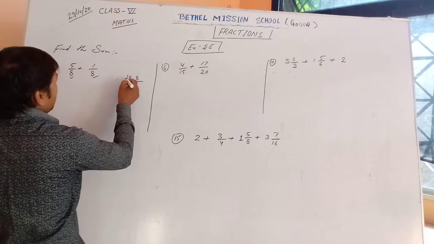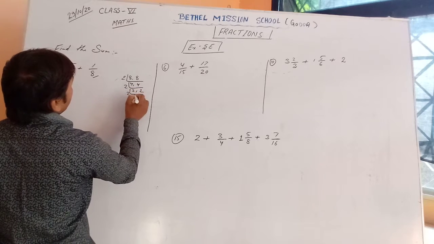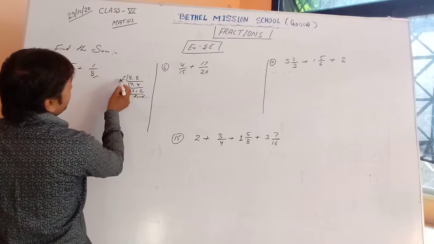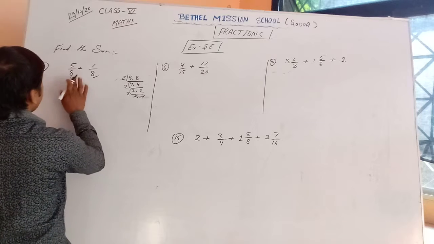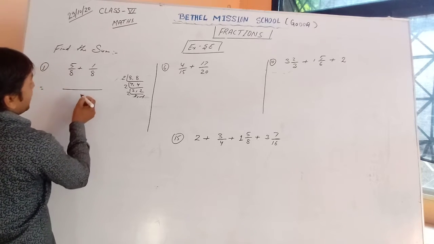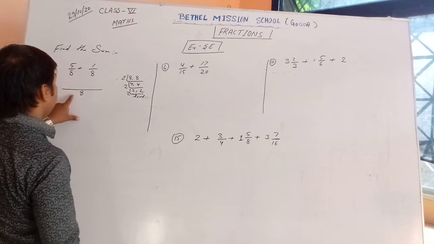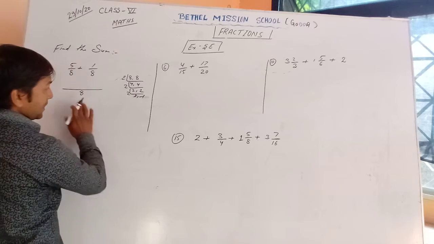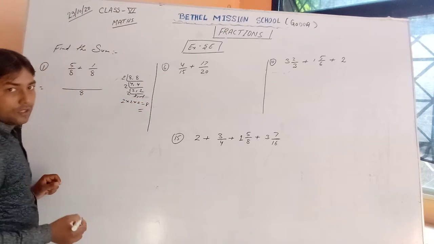If you do it by division, 2 and 2, again 2 and 2, that is 1 and 1, 2 times 2 times 2 is 8. The LCM is 8. So draw a line, and as the denominator you have to write the 8.